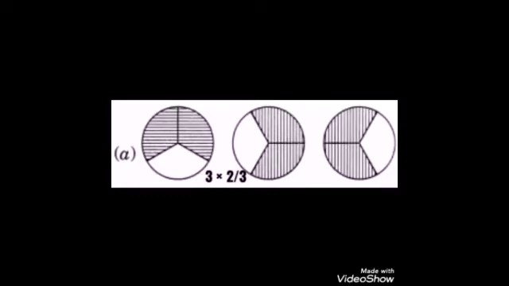So the fraction of the shaded region is 2 by 3. Since we are given 3 circles, we can represent it as 3 into 2 by 3. So the third subdivision represents diagram A.